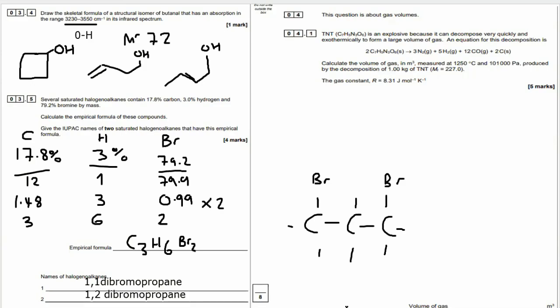Remember, we have to give them the lowest possible numbering. I could literally flip and move this bromine wherever I like, so I could move it there and it'd be 1,1-dibromopropane. I think I better finish with that before it all goes a bit crazy. All right, guys, let's move on. You get the idea.